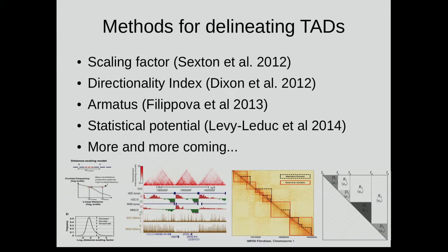The idea of segmentation, the cost function, is to find the segmentation that has the most heavy rectangles at the diagonal and the least heavy other part. The directionality index and scaling factor are slightly different, but they look at the same thing just a little bit differently. Some people might recognize this is looking at the left to right ratio of contacts, but it indeed is looking for those triangles.